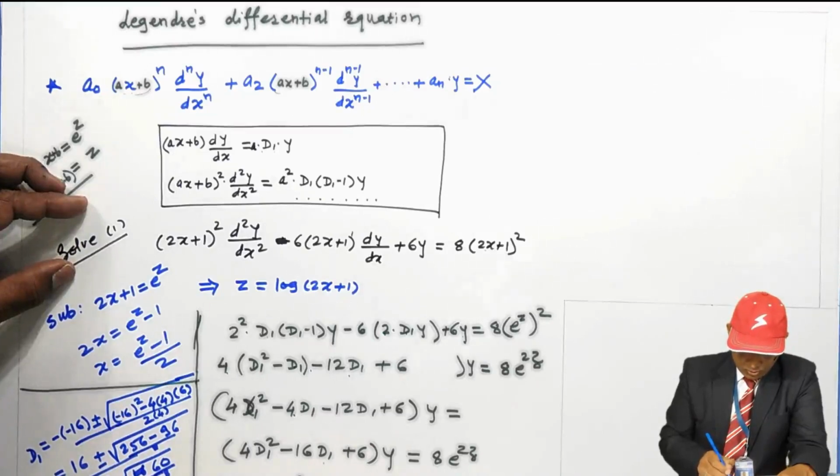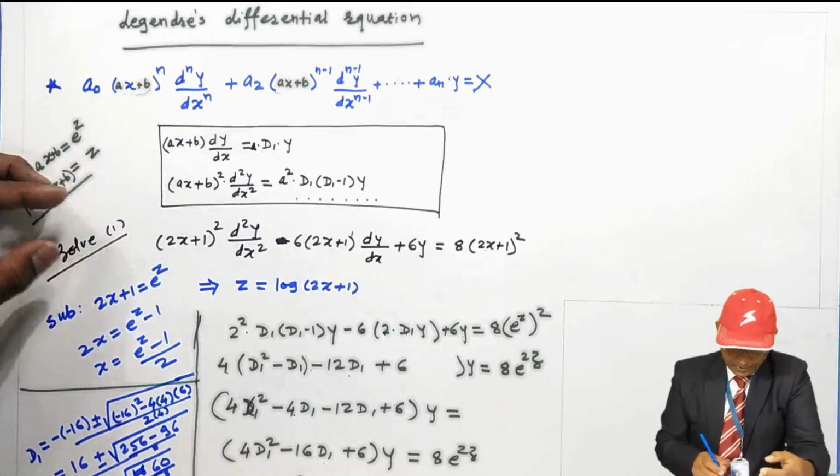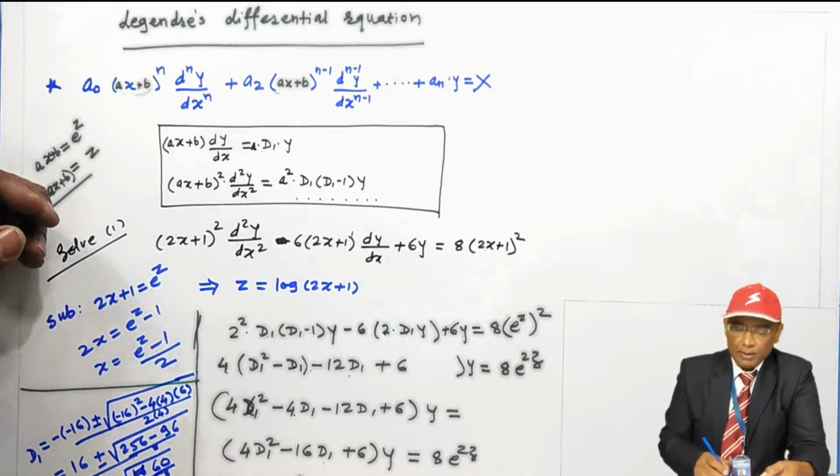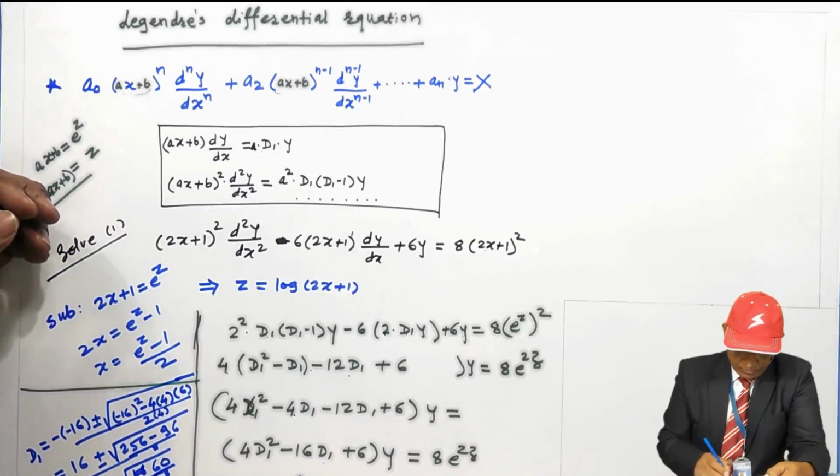This is 2 plus minus root of 160 by 8. Root of 160 can be written as 16 multiplied by 10, and if 16 is coming out, it becomes 4 root 10 by 8.